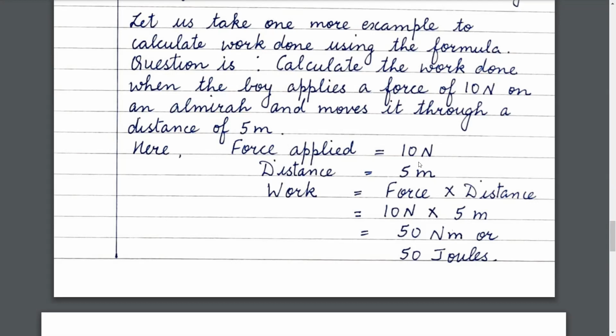So, force applied is equal to 10 Newton. Distance is equal to 5 meter. The formula for work done is equal to force multiplied by distance, which is equal to 10 Newton multiplied by 5 meter. And the answer is 50 Newton meter or 50 joules.